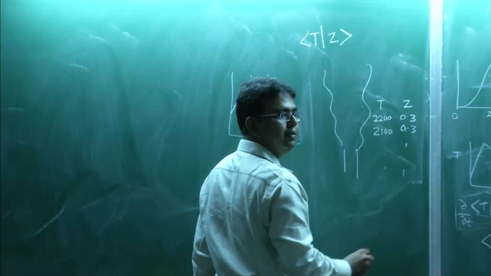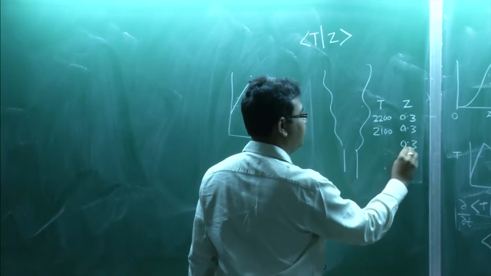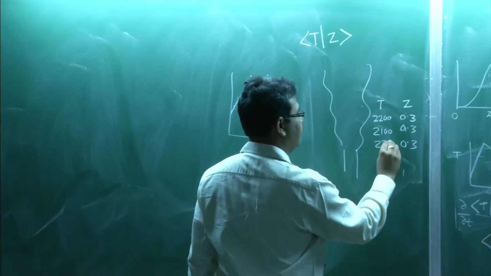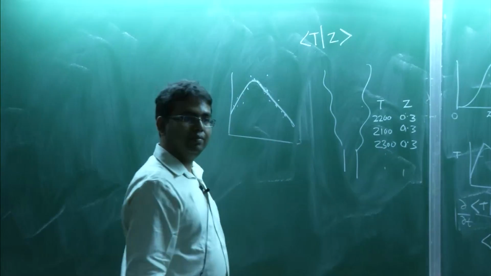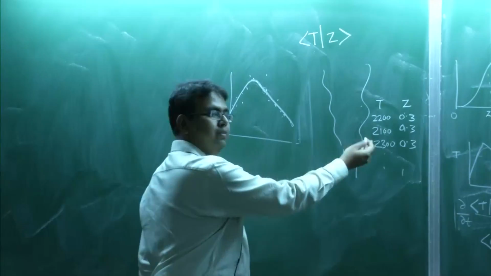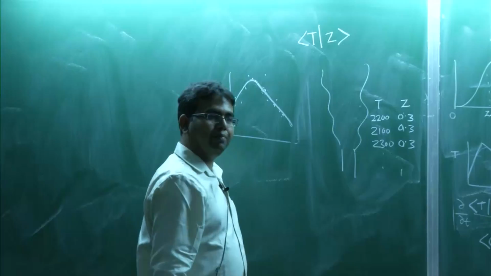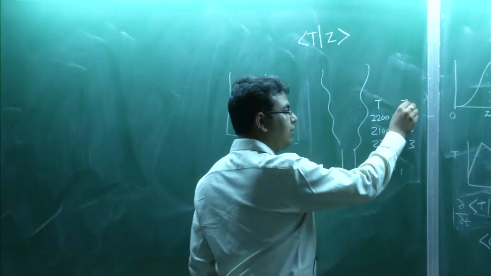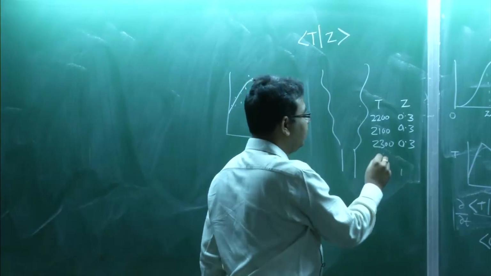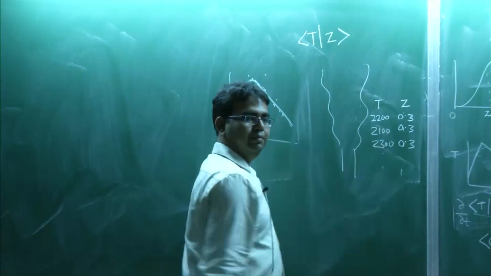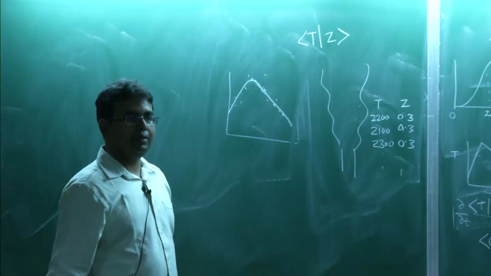Next time you come at 0.3, it is 2300 Kelvin. Now when you calculate the average temperature conditioned on mixture fraction 0.3, it is 2200 Kelvin.